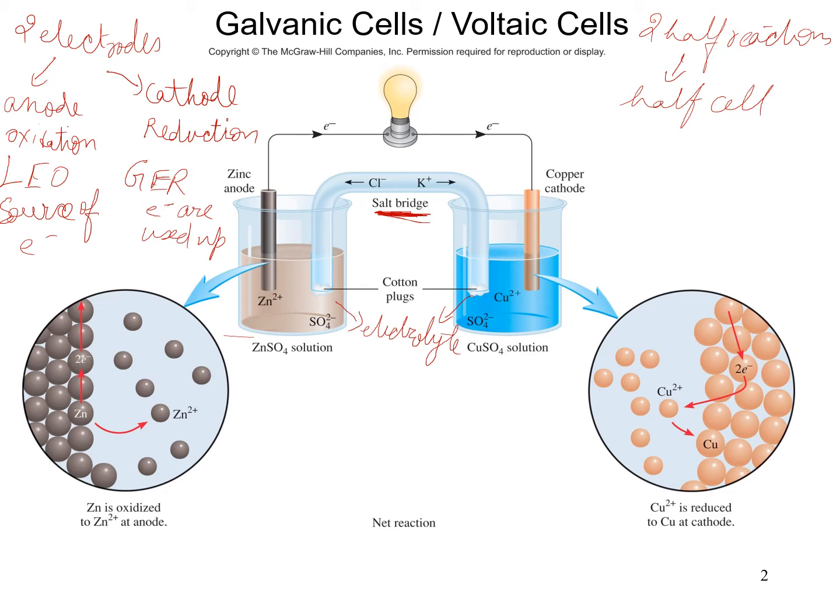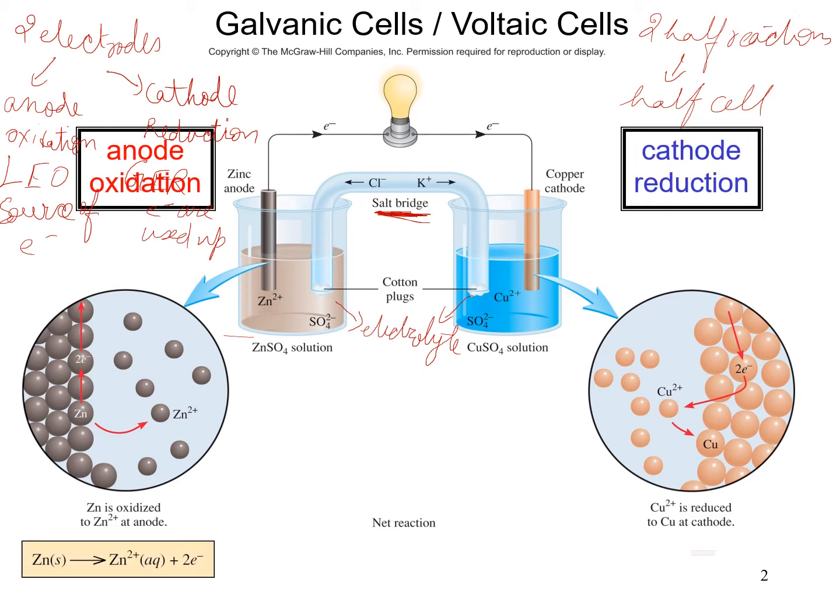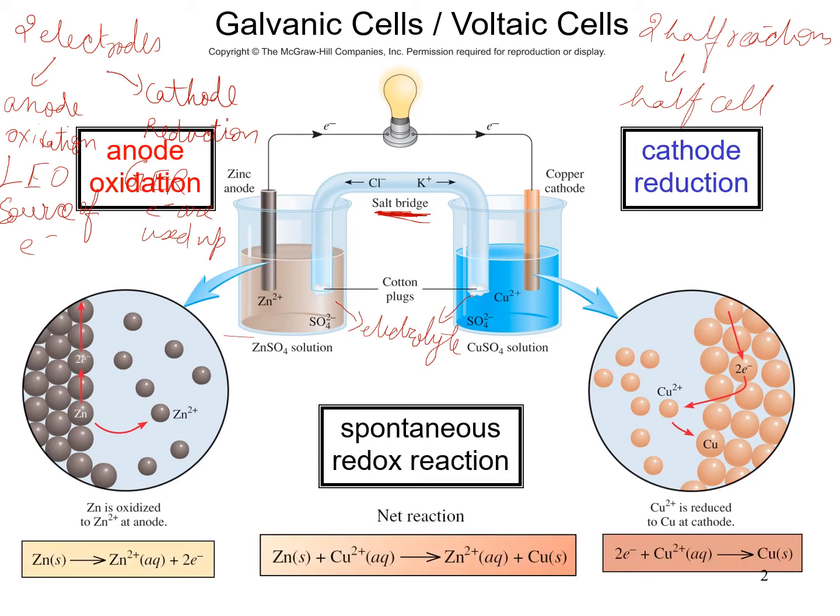Perfect. So now the next step that I want to explain, let's say we are working with an actual reaction. So this is the net reaction that we are working with. Like I said, zinc, which is solid, is reacting with copper ions to produce zinc 2 plus and copper solid. So let's first divide this reaction into two half reactions.